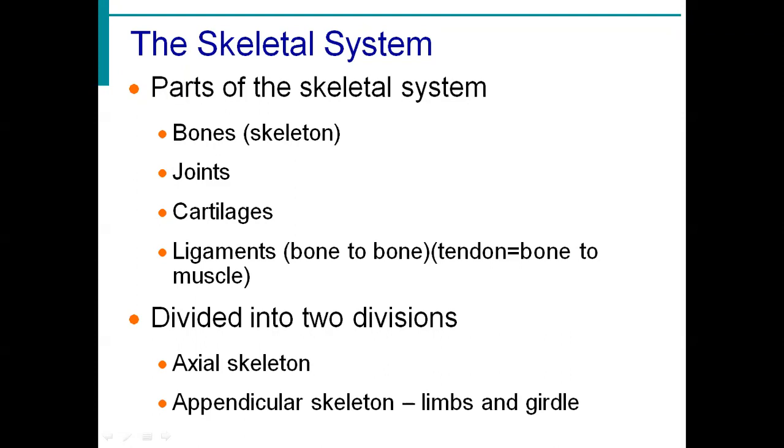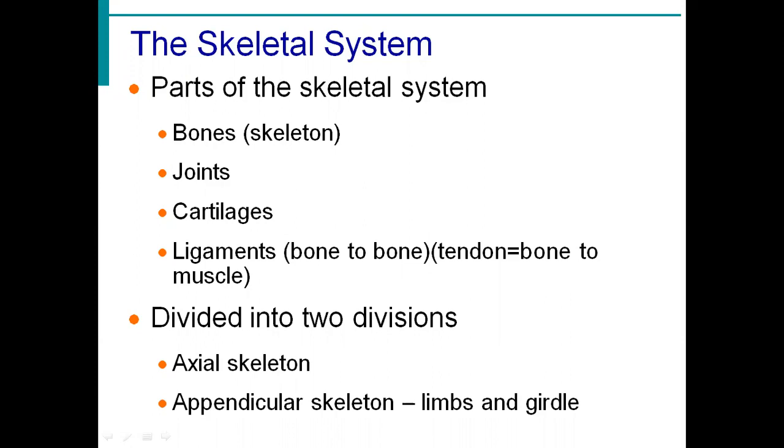The skeletal system is divided into two parts: axial skeleton and appendicular skeleton. Axial skeleton is essential for maintenance of the body plane and axis, which is essential for the construction of the body.